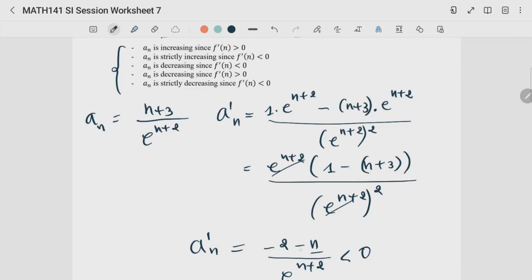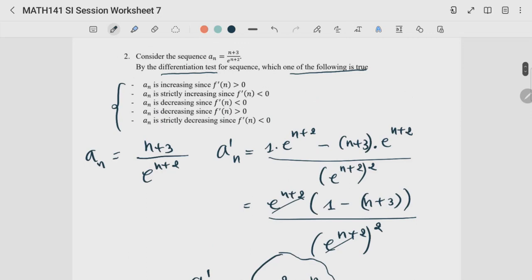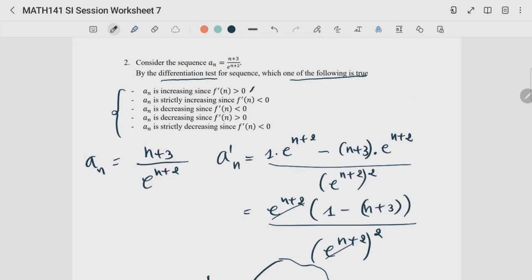So as you go from n equal to 1, for example, to n equal to 10, you'll get lower and lower values in the numerator, sorry, not the denominator, which means that the overall derivative will be less and less than 0, right? So looking at the assertions there, we can already eliminate the first one, the second one, and we are left with 3, right?